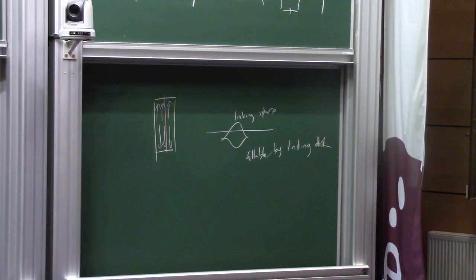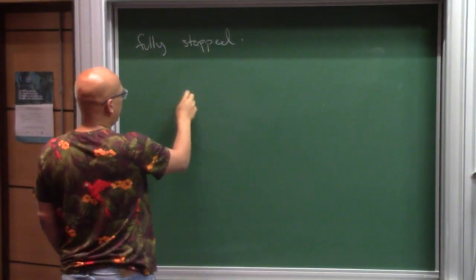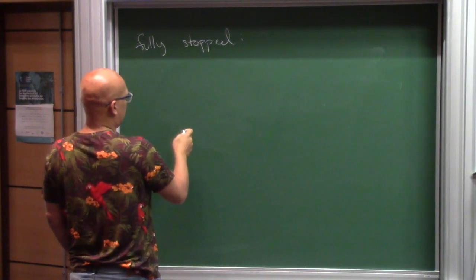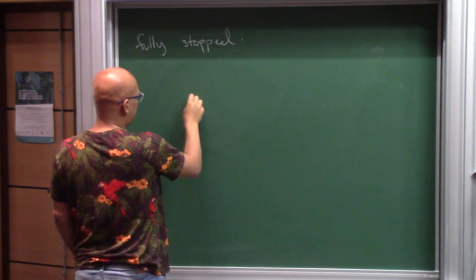Okay, so here are the axioms. And I owe you definitions of fully stopped and not in front of. So let me write those here. So fully stopped. So I have to draw sort of a picture.